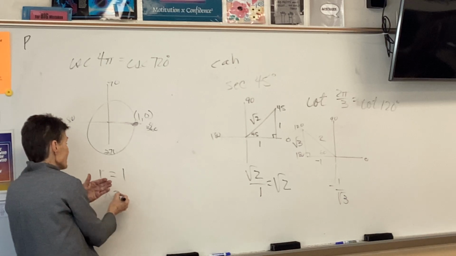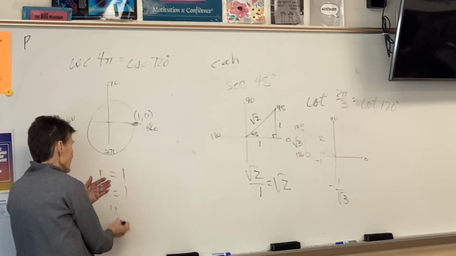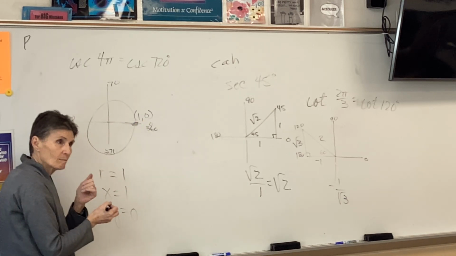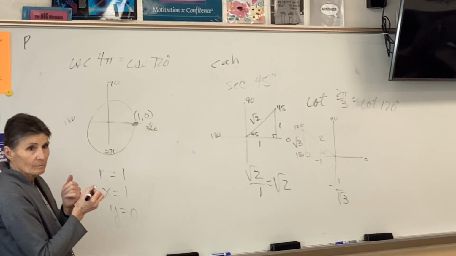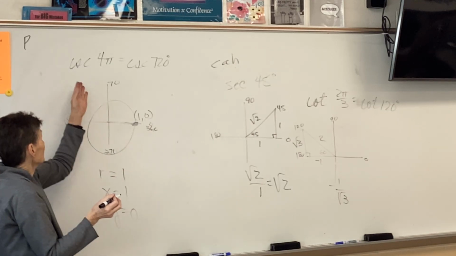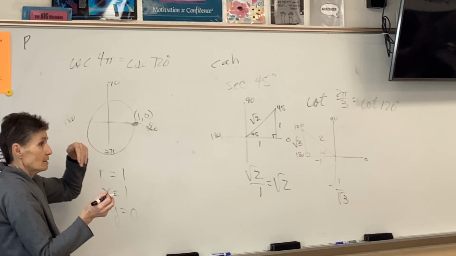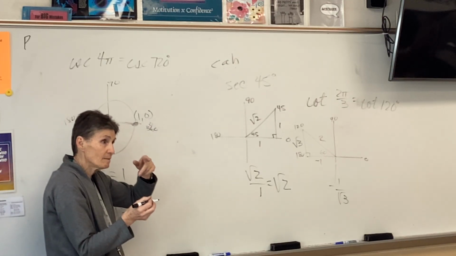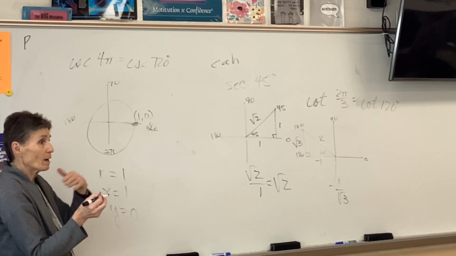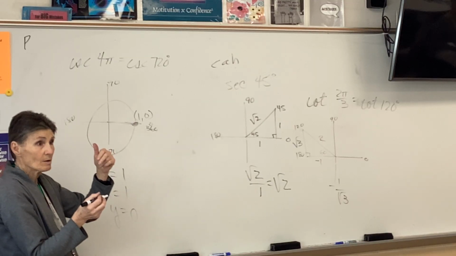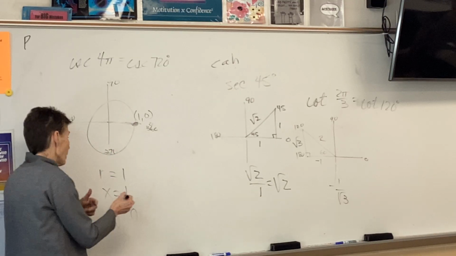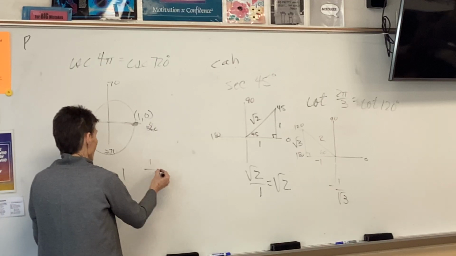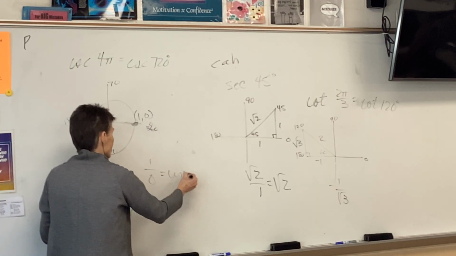Which means that x is 1 and y is 0. You with me? I want the cosecant. Cosecant is the reciprocal of sine. I have memorized that sine is y over r. So it's r over y, which is 1 over 0, which is undefined.